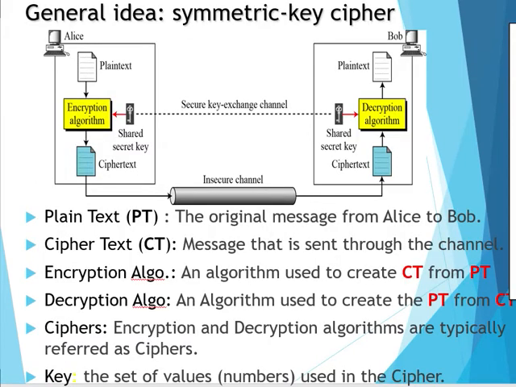Firstly, we will discuss the general idea behind this symmetric key cipher. We use the example of Alice and Bob.